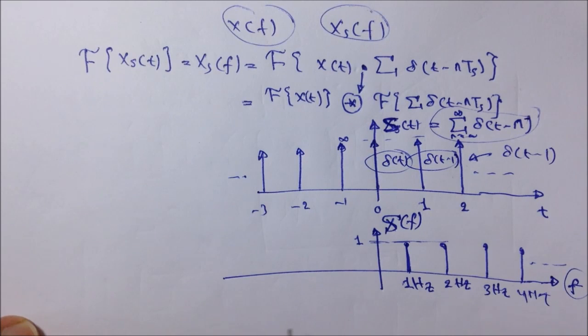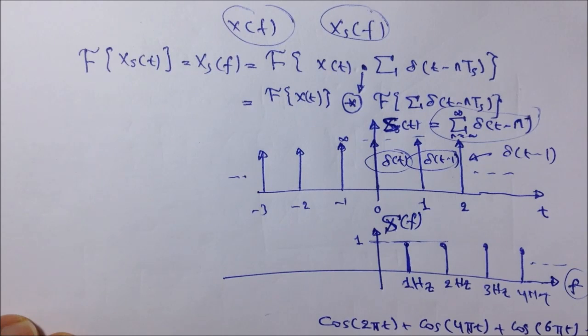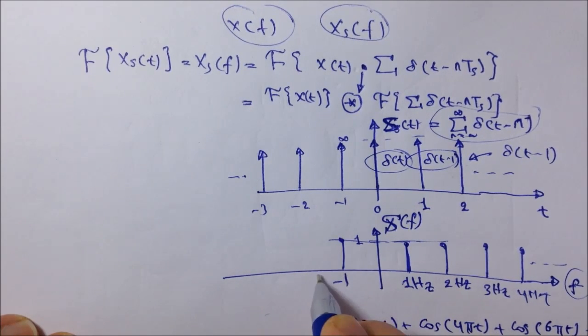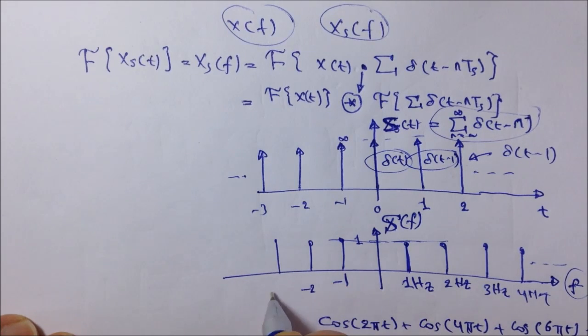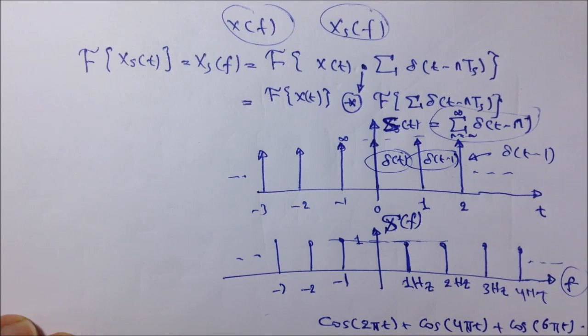And even if we added the negative frequencies, like we added cosine 2 pi t plus cosine 4 pi t plus cosine 6 pi t, and so on. Even if we added plus cosine minus 2 pi t, so that is a -1 hertz, -1, and -2, at -3, so that is cosine -4 pi t plus cosine -6 pi t.